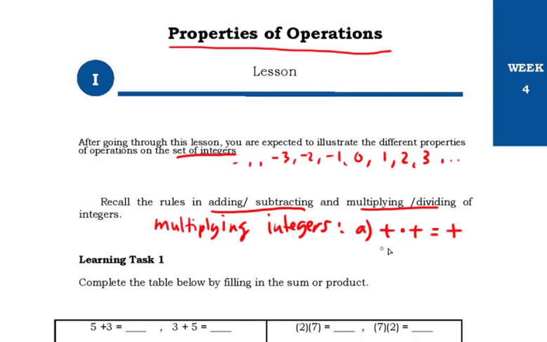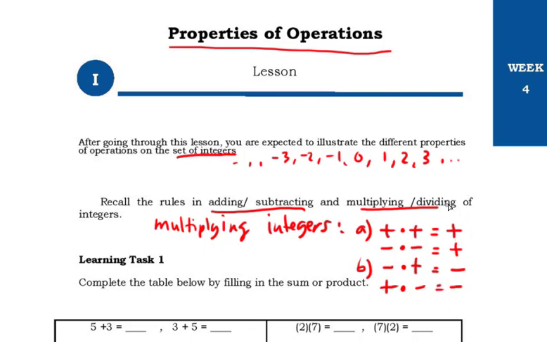And the same with if you multiply two negative numbers, the result is positive. But if you multiply different signs, the answer is negative. So the same with positive times negative, the result is a negative number.